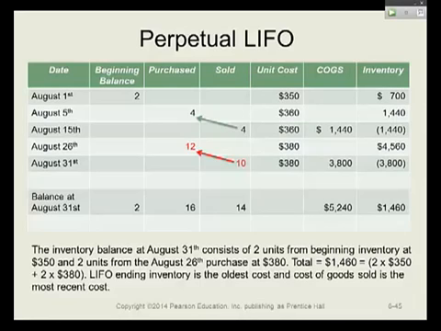Okay, we'll do a formal one in a second, but if you now compare them, 5,240 of cost of goods sold against 5,180, you get lower profit under LIFO.